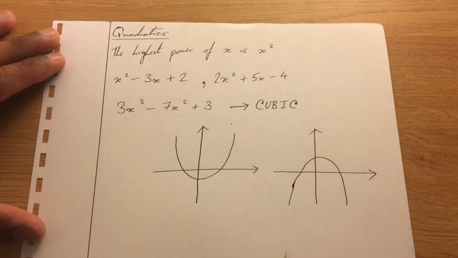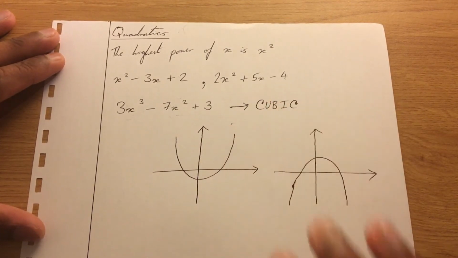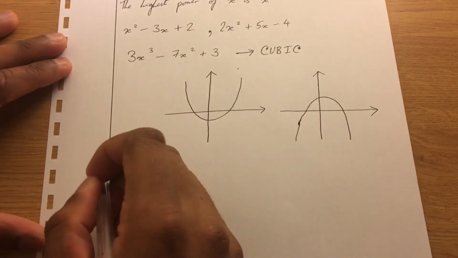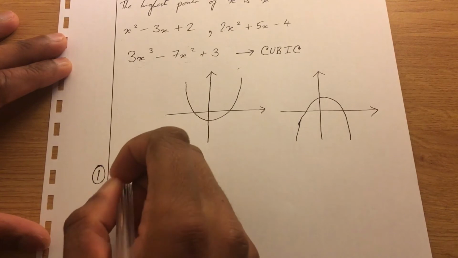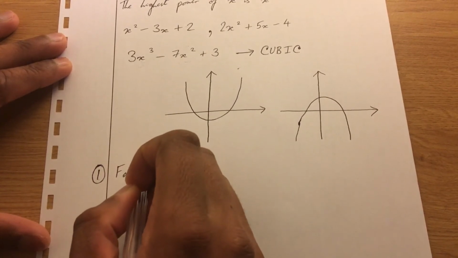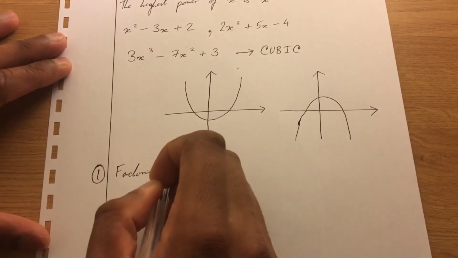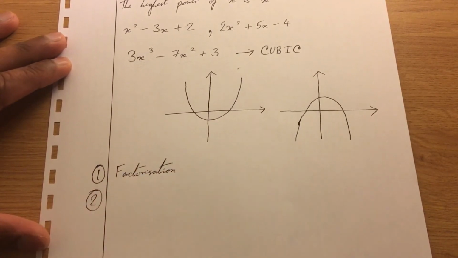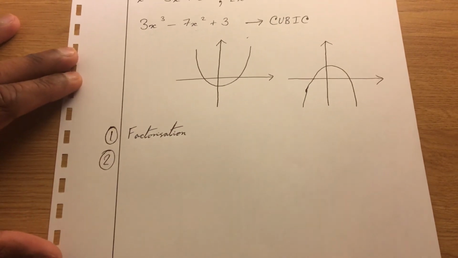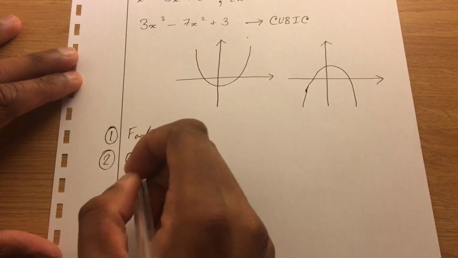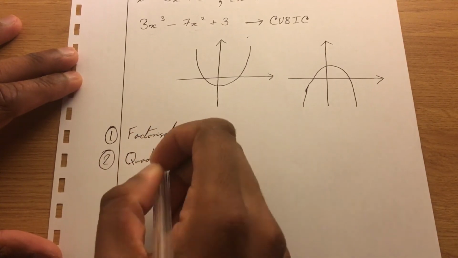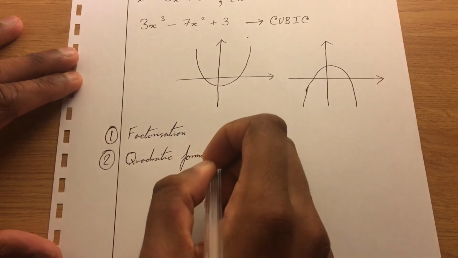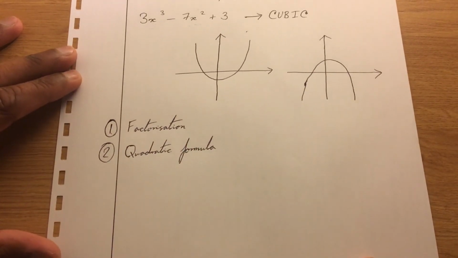And so there are three different ways that we can solve a quadratic equation. The first one, the most basic one, is called factorization. Number two is something that we like to call the quadratic formula, which can come in very handy when you're doing a calculator paper.